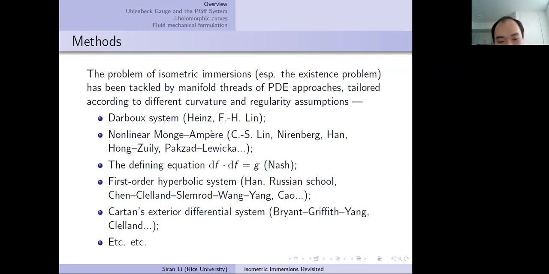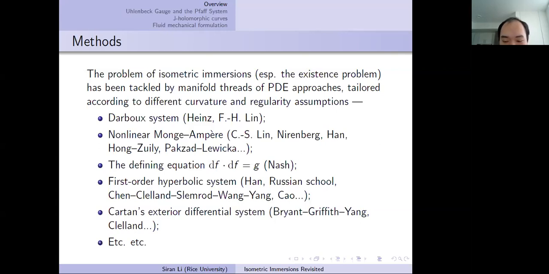And I also mention a recent work in 2016, I think, by Gui-Qiang Chen, Slemrod, Zhehua Wang, and Deane Yang. Much earlier, there's another thread of work using the exterior differential system.